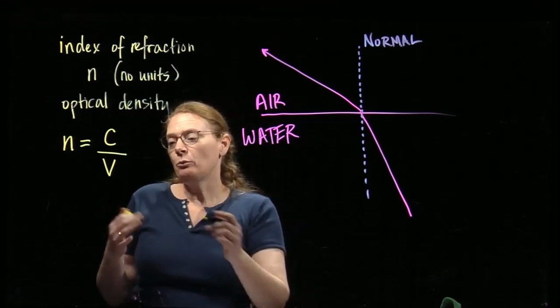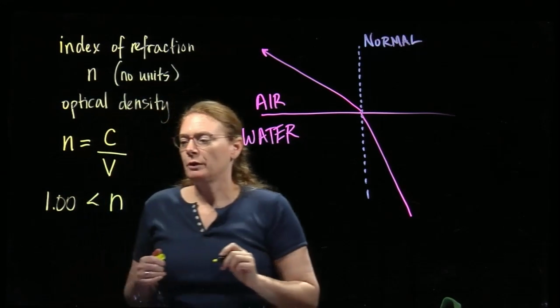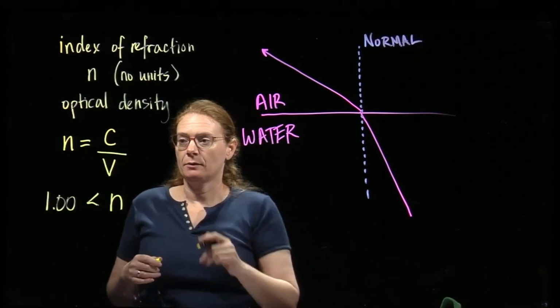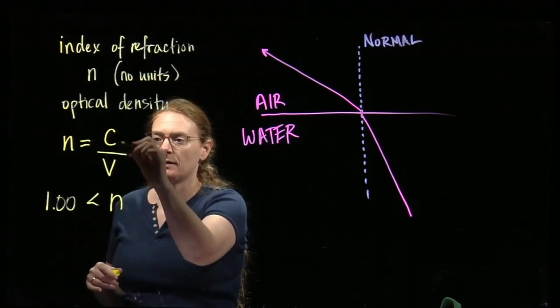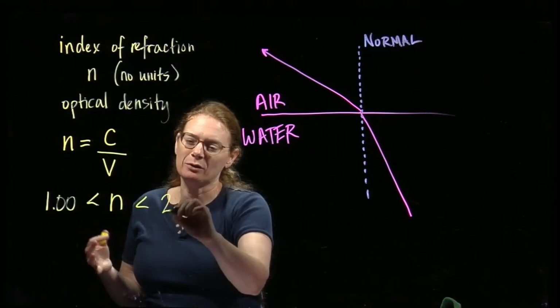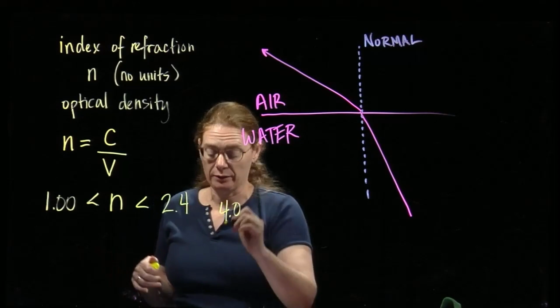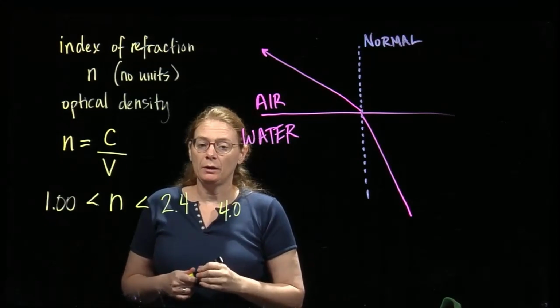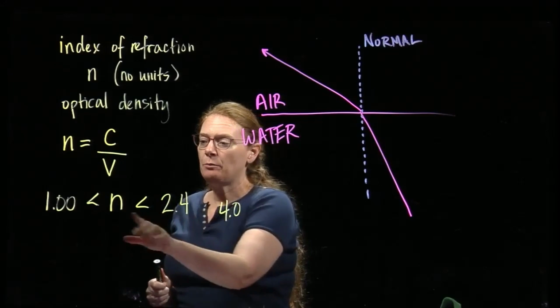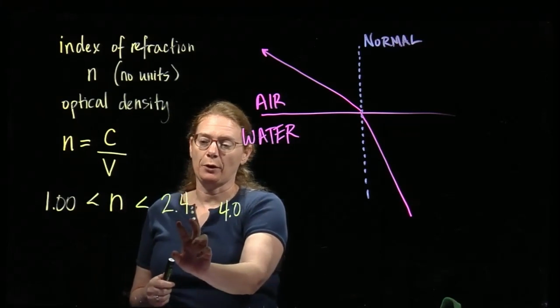And the numbers that we will typically see: 1.0 is the smallest. That is, if we're in a vacuum, then it's c over c, 1.0. The biggest we're going to deal with is about 2.4, but it does go up to 4.0 even. And so you can go up pretty high. But mostly we're going to have the range of 1 to 2.4.